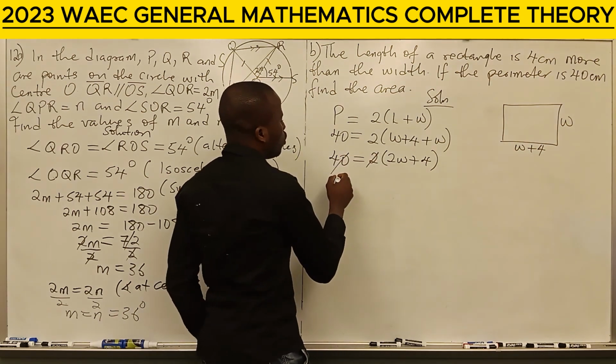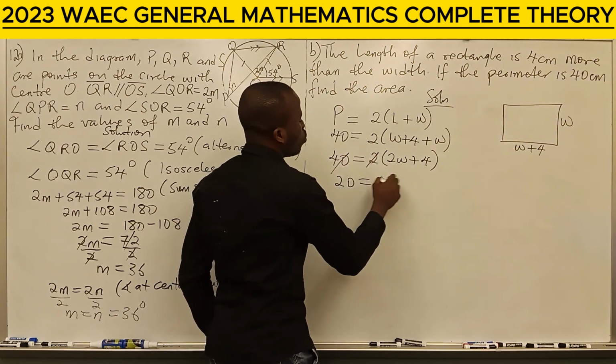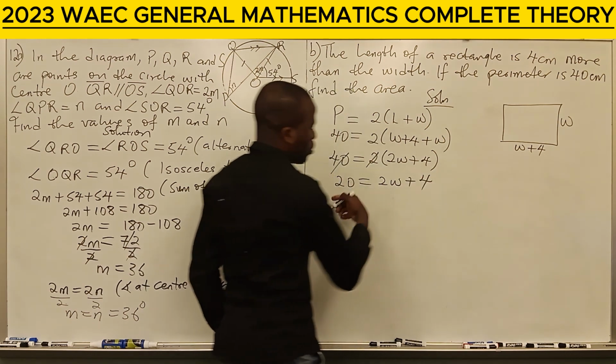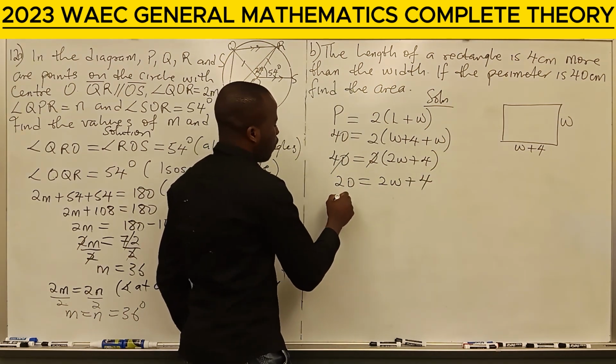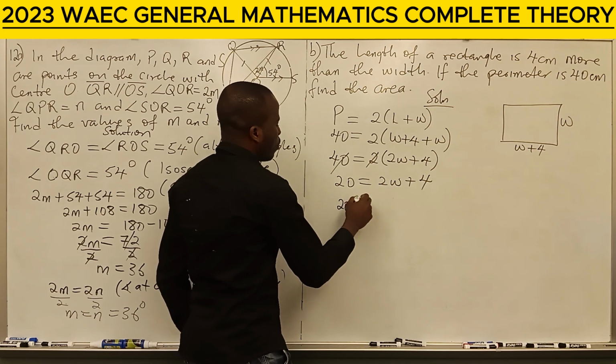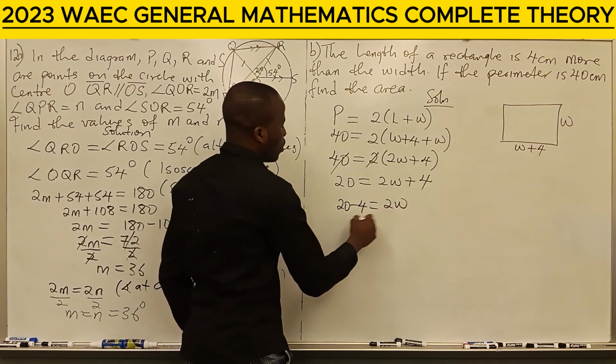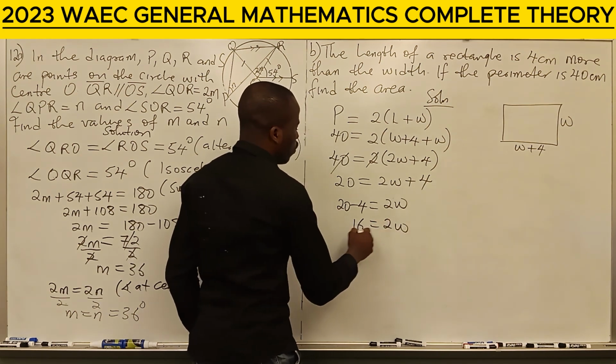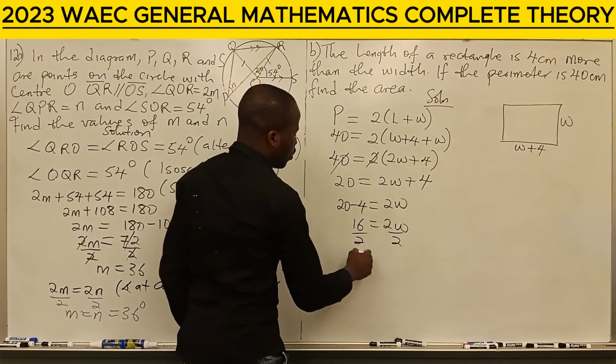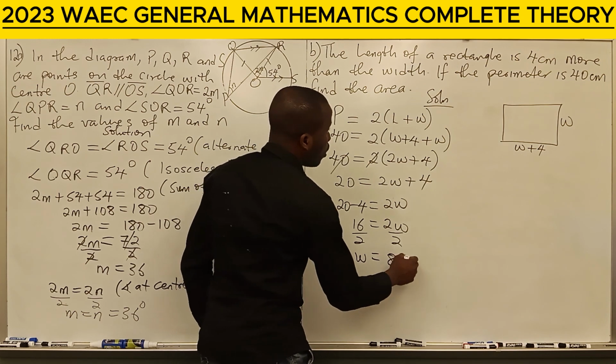Divide by 2, which is 20. 20 equals 2W plus 4. Subtract 4 from both sides. I'll have 20 minus 4 equals 2W, which is 16 equals 2W. Divide by 2, that W is 8 cm.